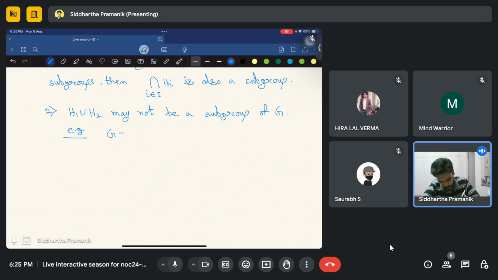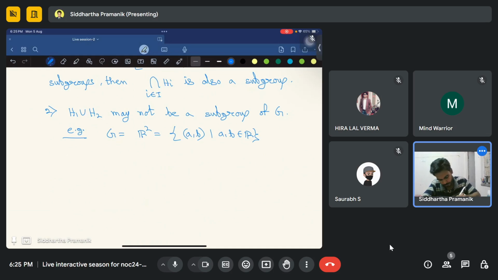So take the group G equals R2. R2 means the set of all ordered pairs of real numbers, right? And the group operation is coordinate-wise addition. So then it will form a group.